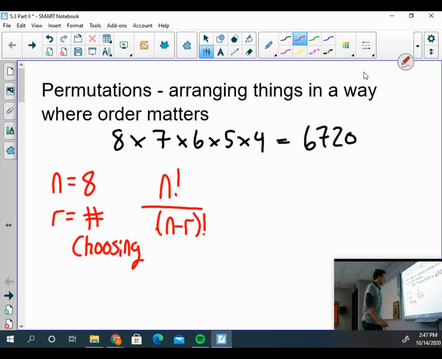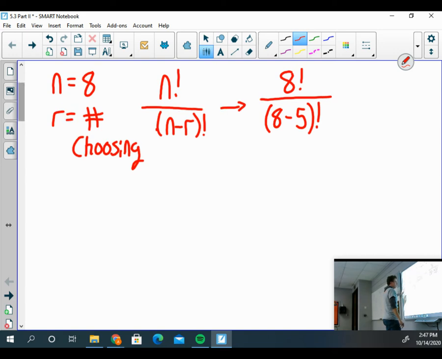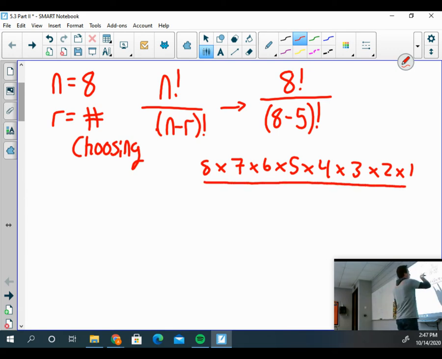So R would be the number we're choosing. Well, let's try the formula. For our dinner party example, it'd be 8 factorial divided by 8 minus 5 factorial. When you do that, we know 8 factorial is 8 times 7 times 6 times 5 times 4 times 3 times 2 times 1. 8 minus 5 factorial, well, 8 minus 5 is 3, and 3 factorial is just 3 times 2 times 1.